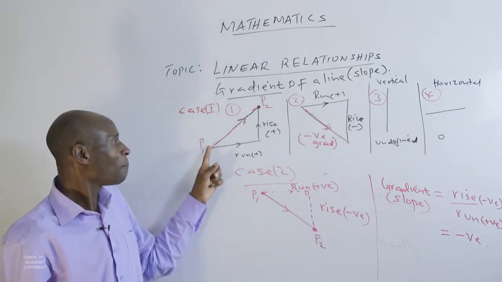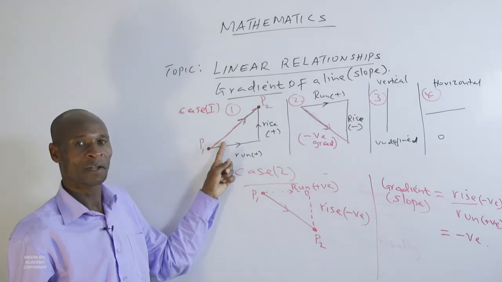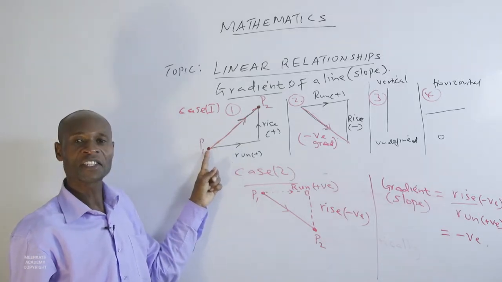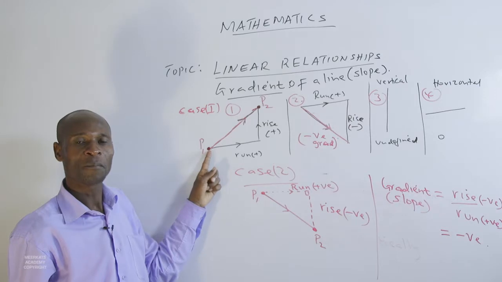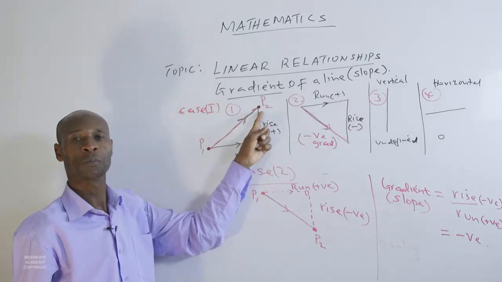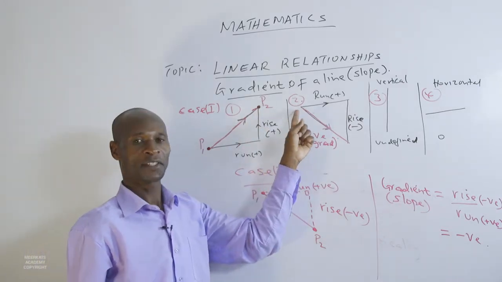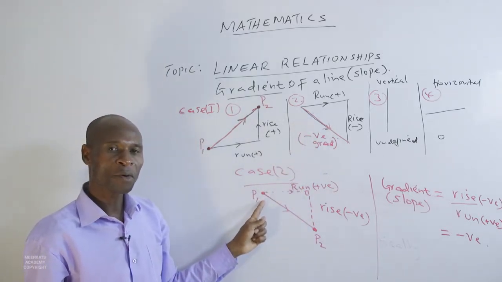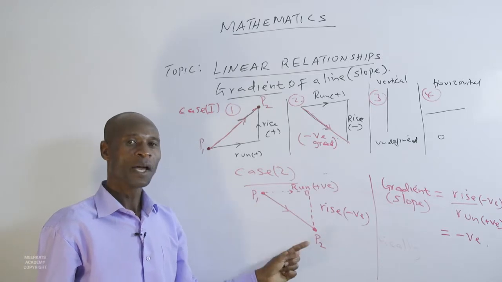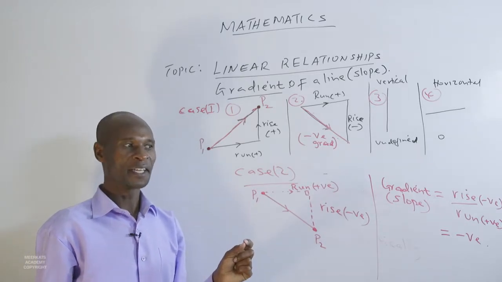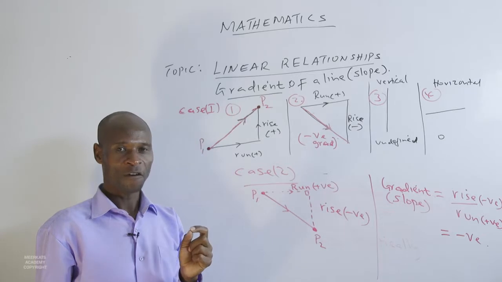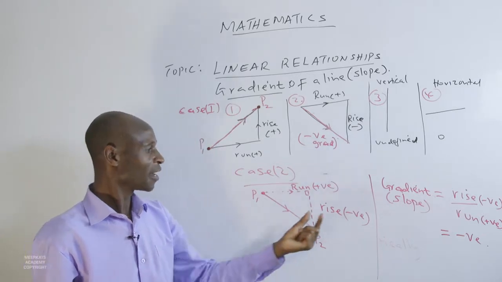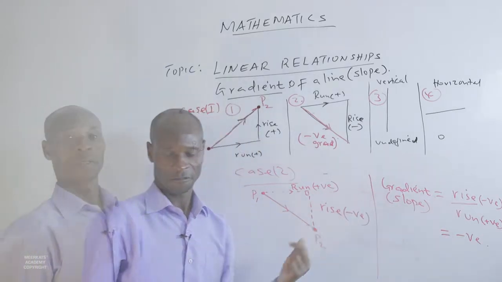If we just go back slightly and look at case 1, the y values were increasing as we move from point 1 to point 2. But in the second case, the y values are decreasing as we move from point 1 to point 2. And since the y values are decreasing, we can therefore say that the gradient is negative.